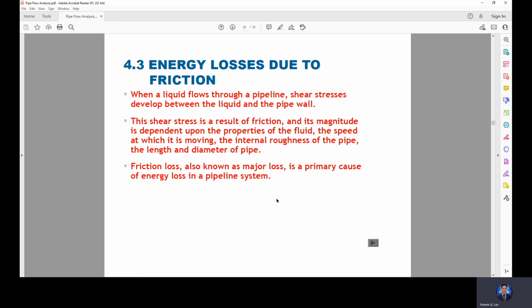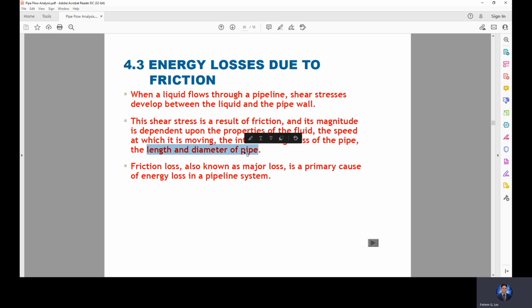When a liquid flows through a pipeline, shear stress is developed between the liquid and the pipe wall. The shear stress is a result of friction, and its magnitude depends upon the properties of the fluid, the velocity, the roughness of the pipe. Actually, it depends on the pipe material, and of course, the length and diameter of the pipe.